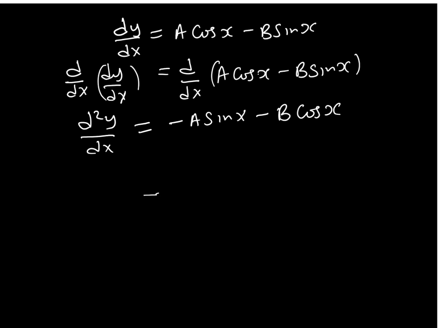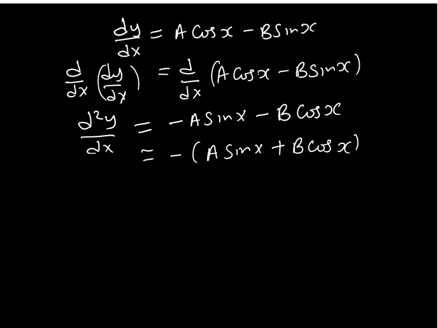But if we are to realize this, let's look at this equation. This can be written as, you can pull out a minus, and we have a sine of x plus b cosine of x. So let's look at this critically, and what we are given.